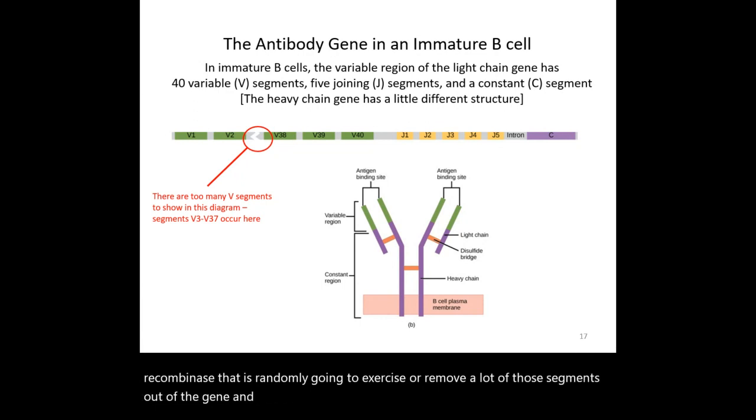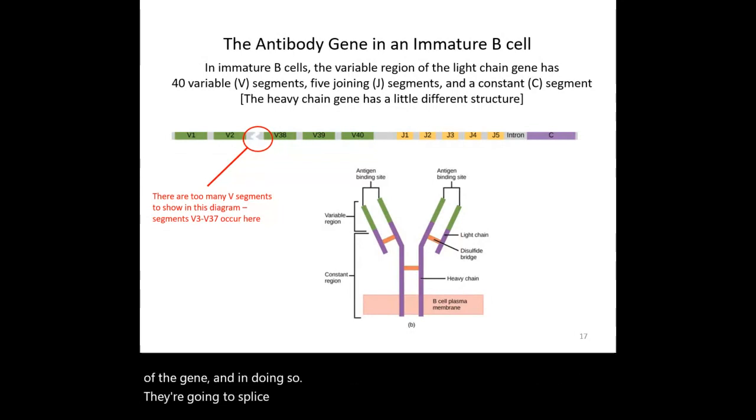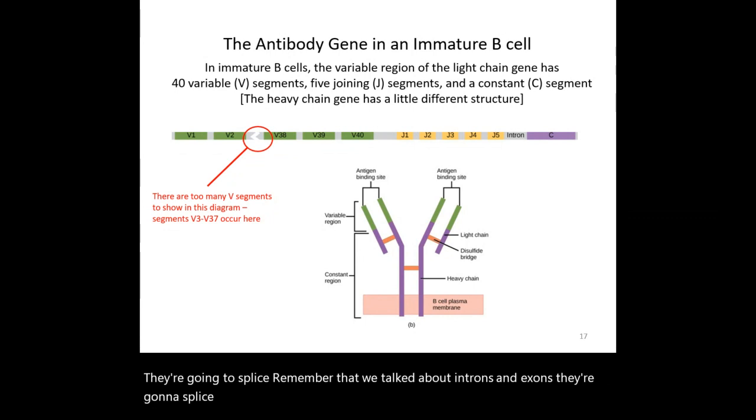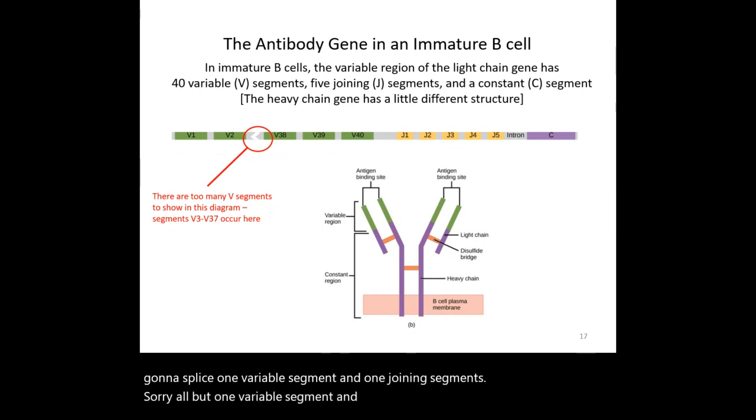And in doing so, they're going to splice. Okay, remember that's where we talked about introns and exons. They're going to splice one variable segment and one joining segment. All but one variable segment and all but one joining segment will be spliced out.